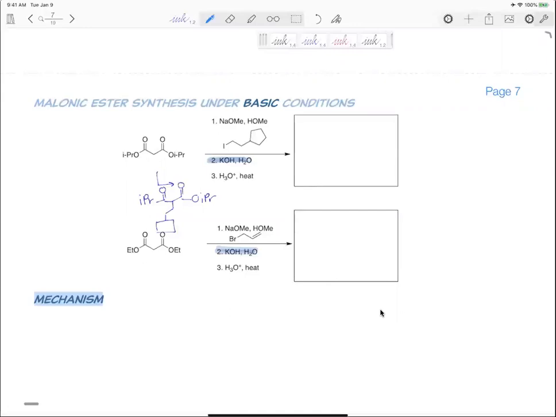Okay, and then KOH. What does KOH do? It's going to make it into a carboxylic acid, and then H3O plus is going to get rid of half of that chain, right? So same thing, your product is going to look like this.